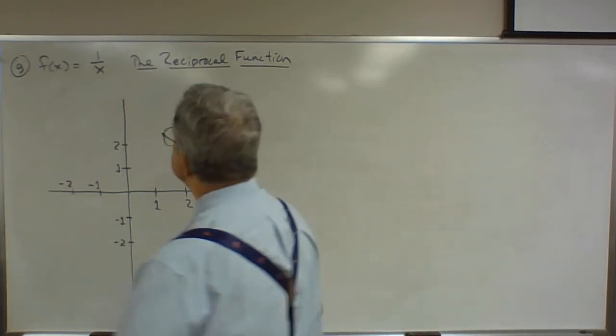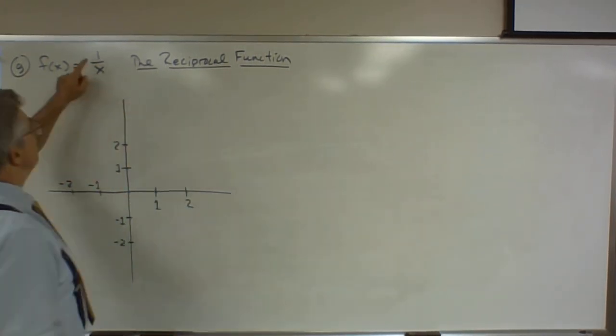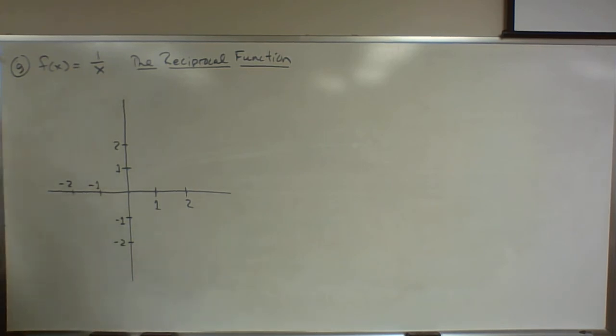Next candidate, the reciprocal function, 1 over x. And we'll take negative 1, that always seems to be a good point to use. X equals negative 1. So we'll have f evaluated at negative 1. And that's equal to 1 over negative 1, which is negative 1.